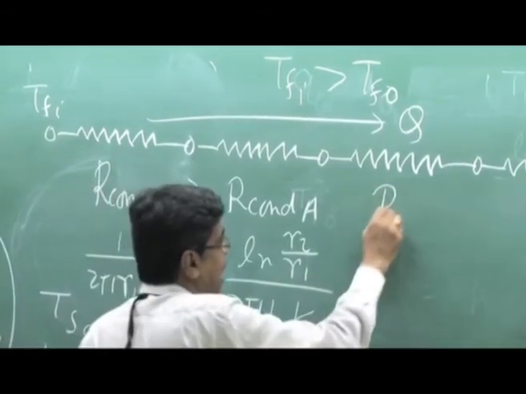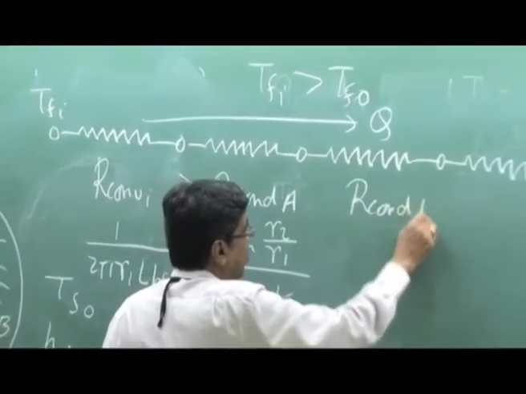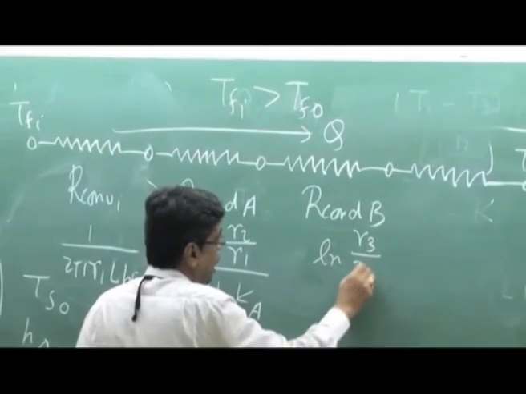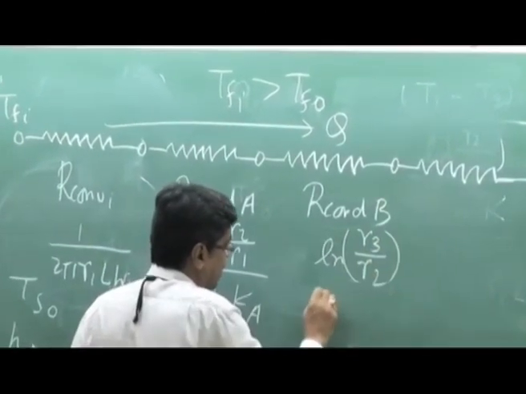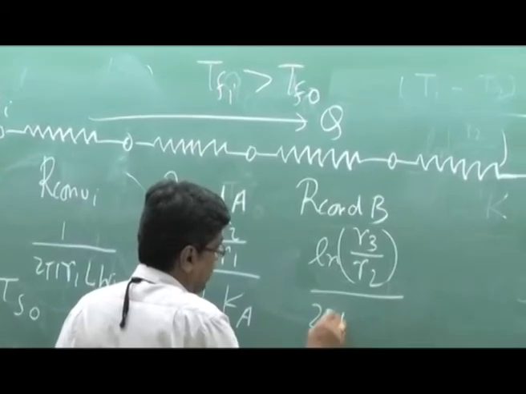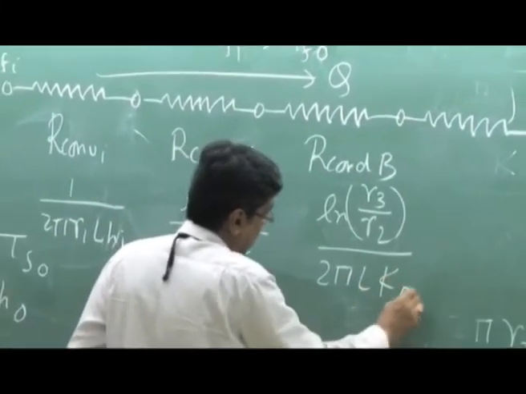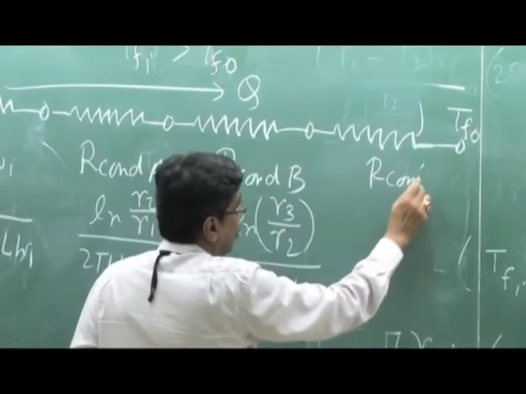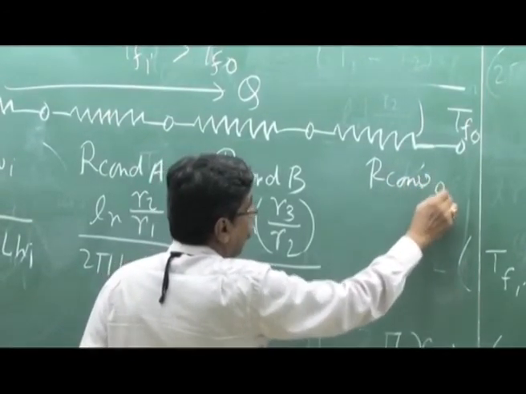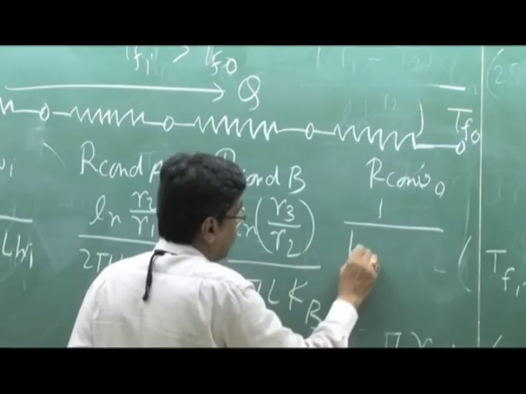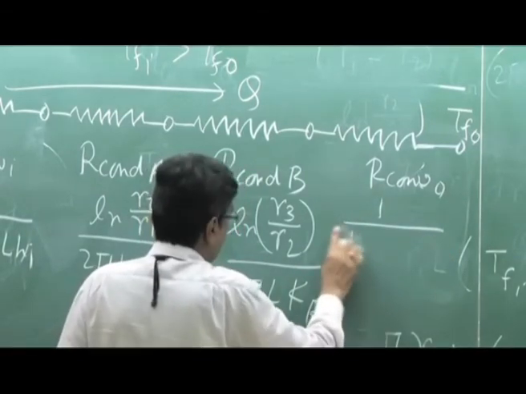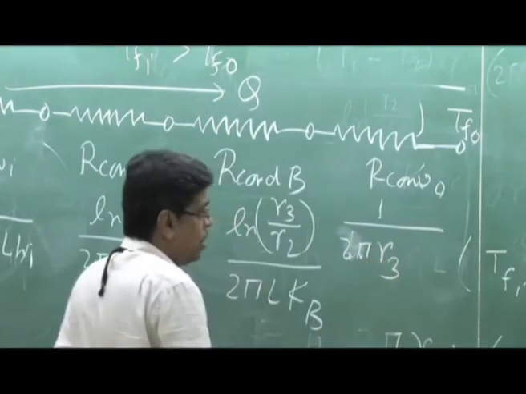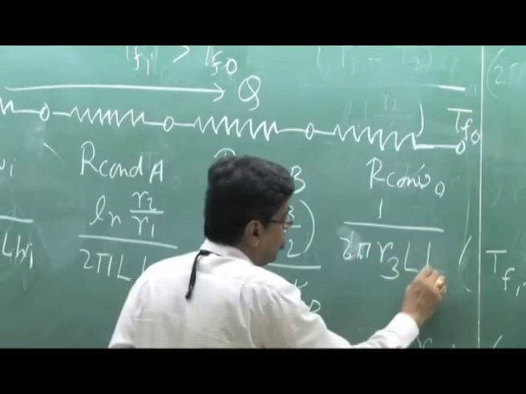Similarly, this is R conduction B, which is ln R3 by R2, outer to inner radius of this cylindrical wall, divided by twice pi L Kb, and this is finally R convection outer, that is 1 by twice pi R3 L Ho.